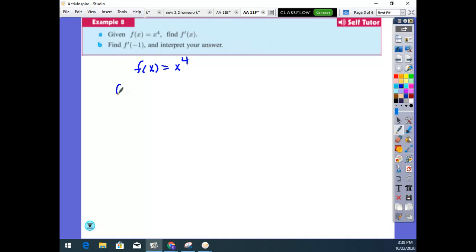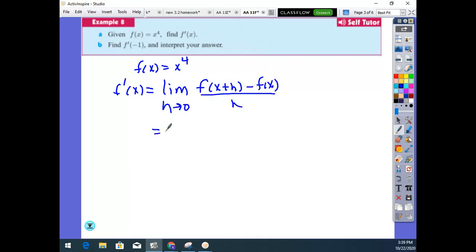Because in order to find the derivative, that's the limit as h approaches 0 of f of x plus h minus f of x all over h. So f of x plus h is x plus h to the 4th minus x to the 4th all over h.